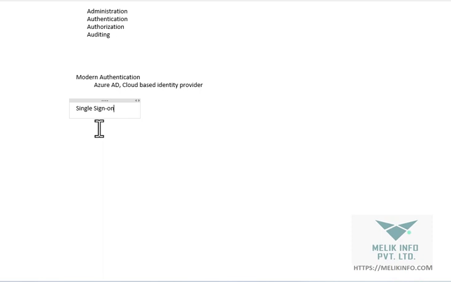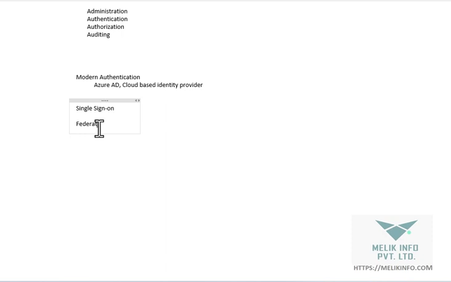And when you set up single sign-on to work between multiple identity providers, at that time it is known as federated service or authentication, or you can say federation.